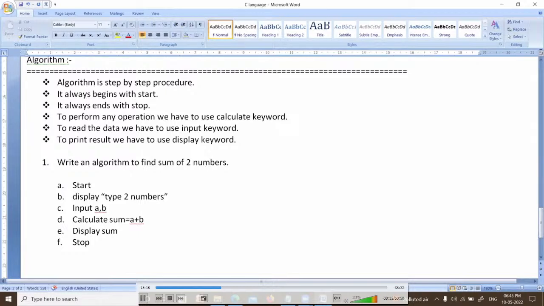Good. Completed. Now, the next topic in C programming language is data types. What is the meaning of data type? Whenever you go to a cool drink shop, there are so many cool drinks: Thums Up, Maaza, Pepsi, Coca-Cola.